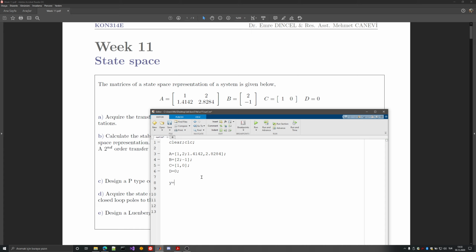If you remember, this is Cx plus Du, and if you just consider the part where y and Du is, you can see that it relates the input to the output directly. So this is basically called the feed-forward connection, or the direct coupling between the input and output.